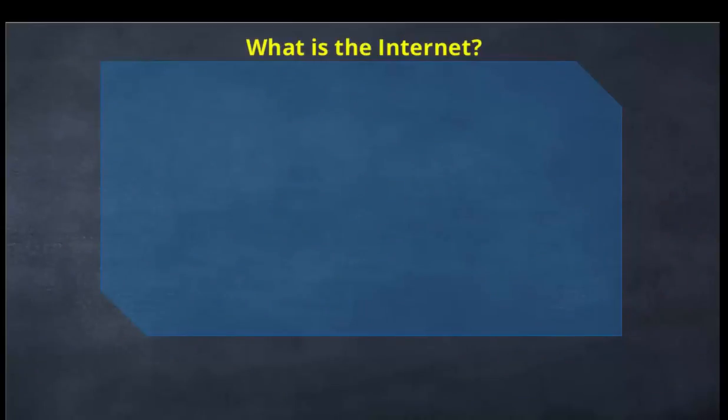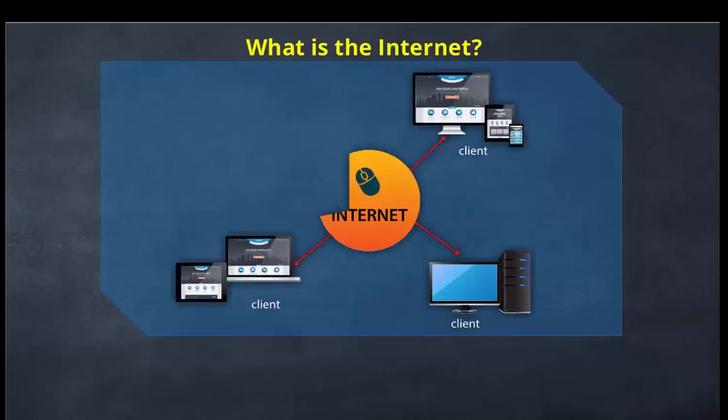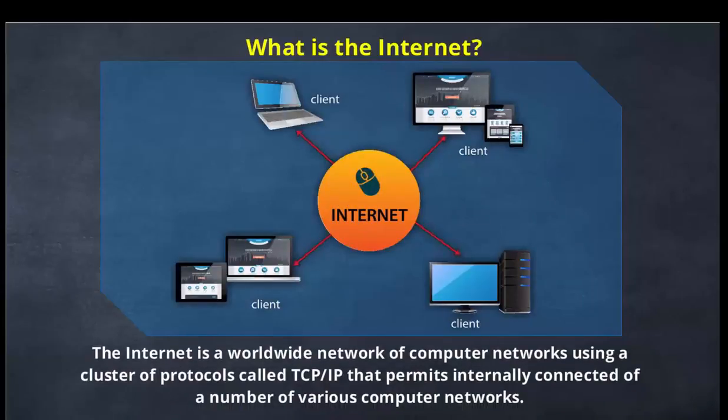What is the Internet? The Internet is a worldwide network of computer networks using a cluster of protocols called Transmission Control Protocol, Internet Protocol. It permits interconnection of a number of various computer networks.